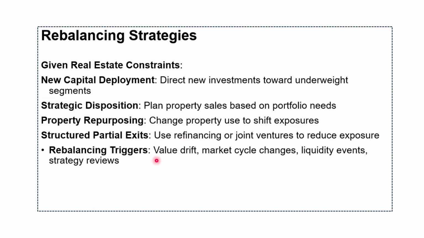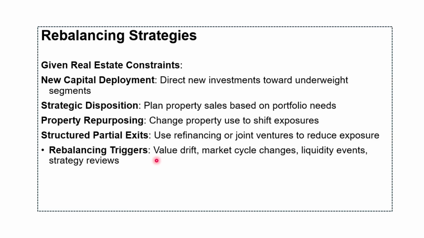Then we have rebalancing strategies. Rebalancing real estate portfolios requires creative approaches given the implementation constraints we have discussed. So we have new capital deployment, directing new investments towards underweight segments.